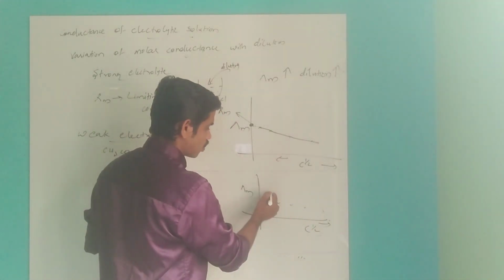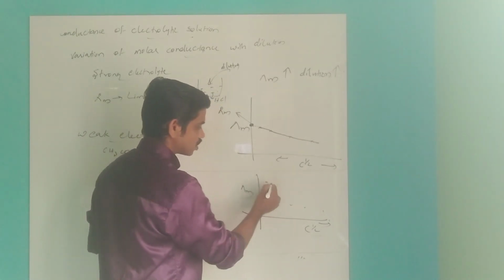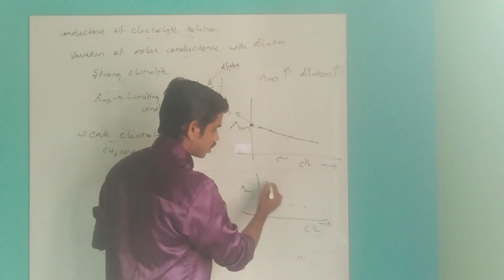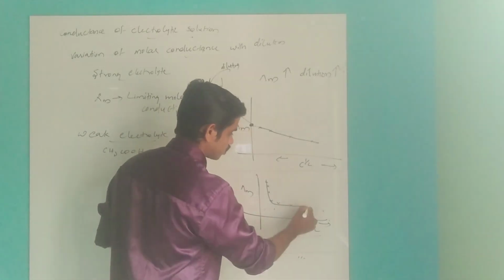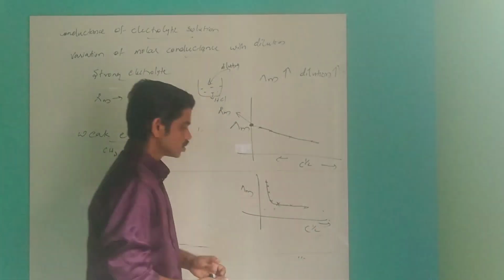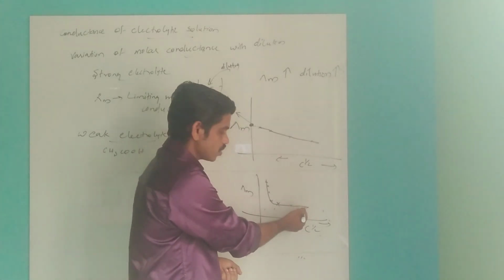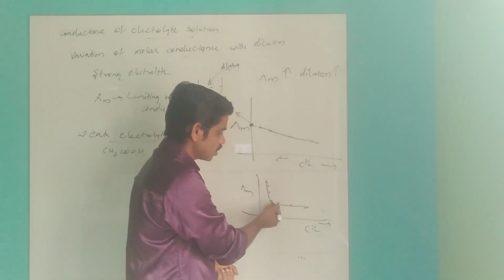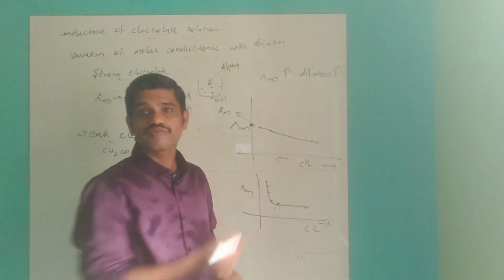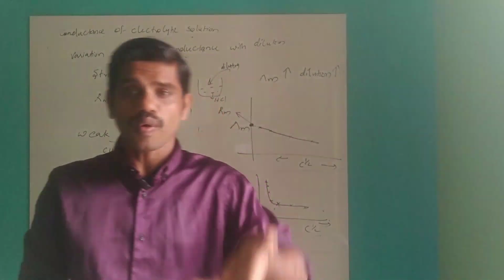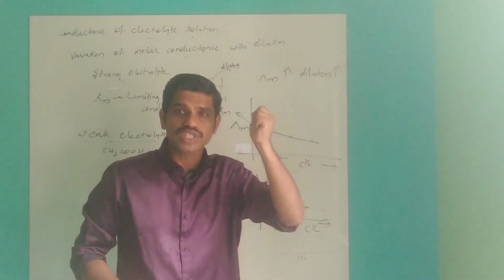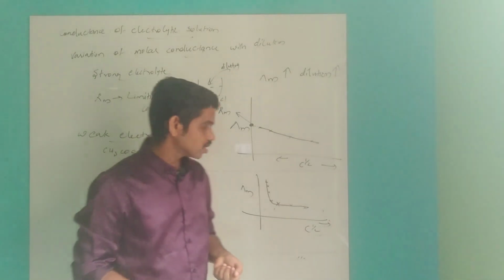At a particular moment, it will increase sharply. So you will get a graph like this. When you are diluting, it is slowly increasing. At a particular point after that, it is just like a rocket. It is increasing very sharply.